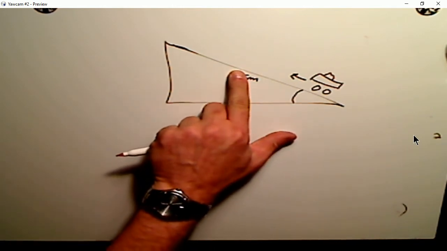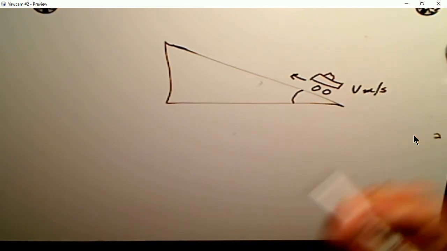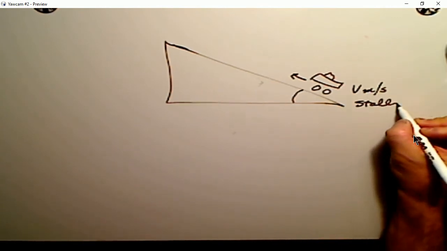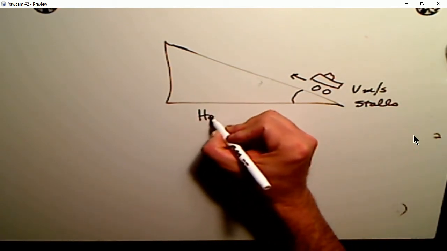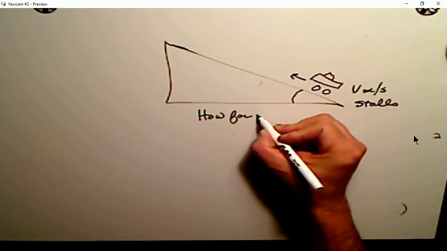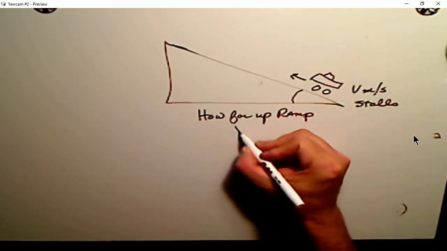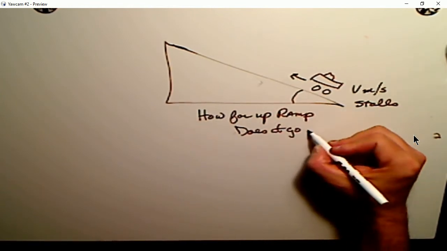Well, actually, I'm not going to even say that. Let's not say that just yet. It's going up the ramp at 5 meters per second. And it stalls. How far up the ramp does it go before stopping?